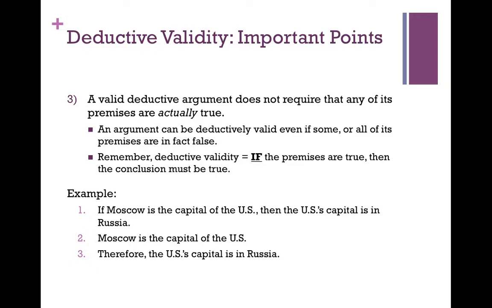Now notice here premise 1 is true because we're assuming that Moscow is in Russia, and let's suppose that the Russians conquered the United States and they ruled over us as a territory, but retained their capital in Russia.